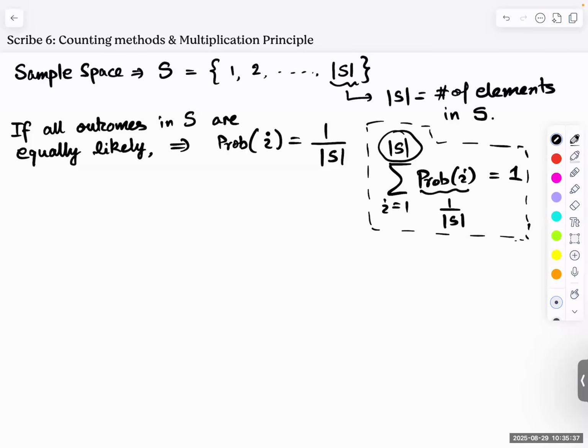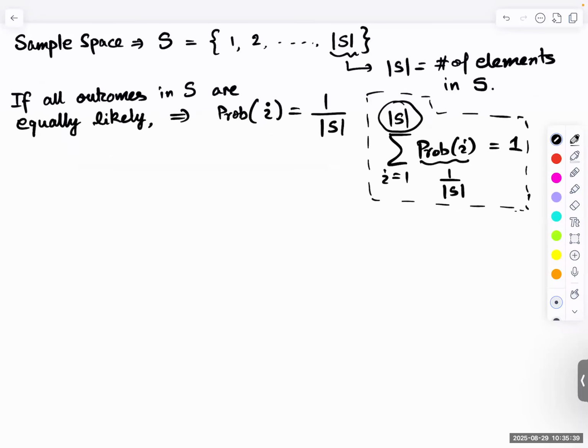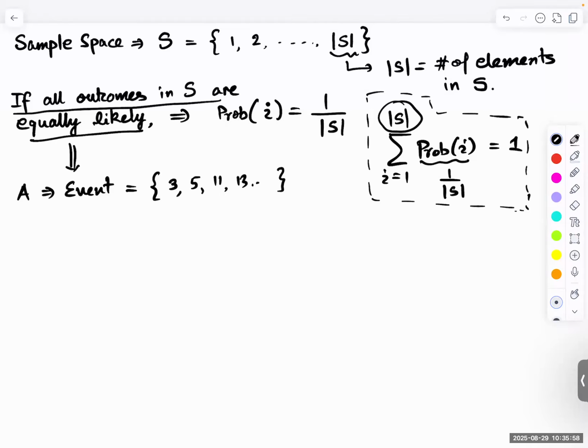Now imagine you are in a setting where all outcomes in S are equally likely, and you define A as some event. An event, remember, is described as a set of outcomes, let's say 3, 5, 11, 13, and so on. The number of elements in this event is the size of the set, right?